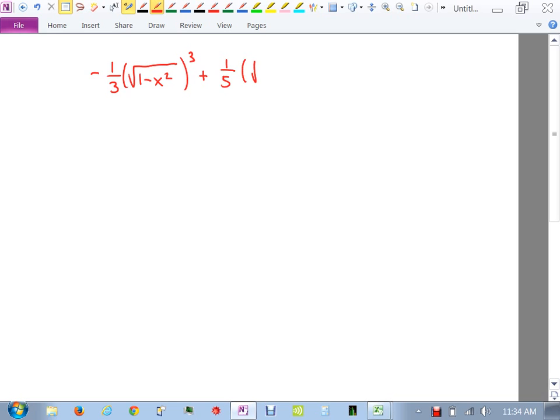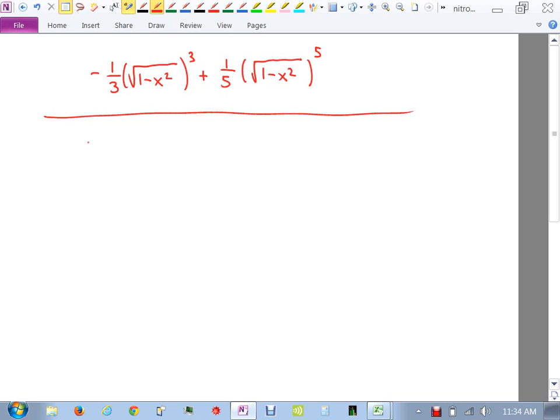We'll take a vote. Was it positive or negative? Negative, okay. All right. So that's the cosine theta right there, but then being cubed and then the cosine theta to the fifth. Now I'm ready for my definite integral.